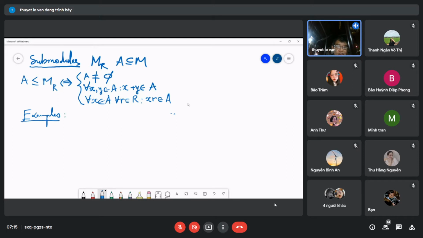The first example is very easy, is the submodule that is only 0, and that is the notation of 0 here, meaning that is 0. And 0 is a submodule of M for every M. And also M is a submodule of M. On every module, we always have two trivial submodules.